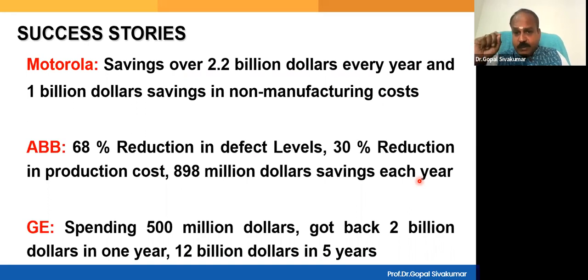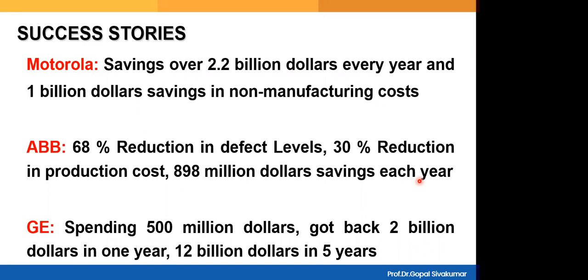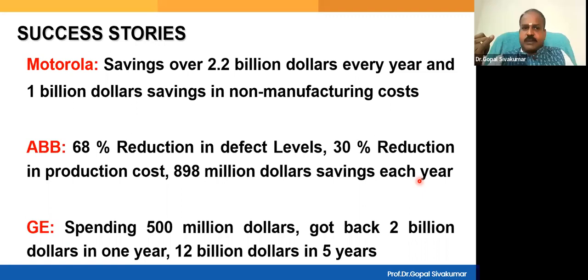And in manufacturing. And in non-manufacturing, how much they saved? $1 billion. Can you tell me what are non-manufacturing departments in a company? Servicing departments, quality, maintenance. Just name out all the departments.